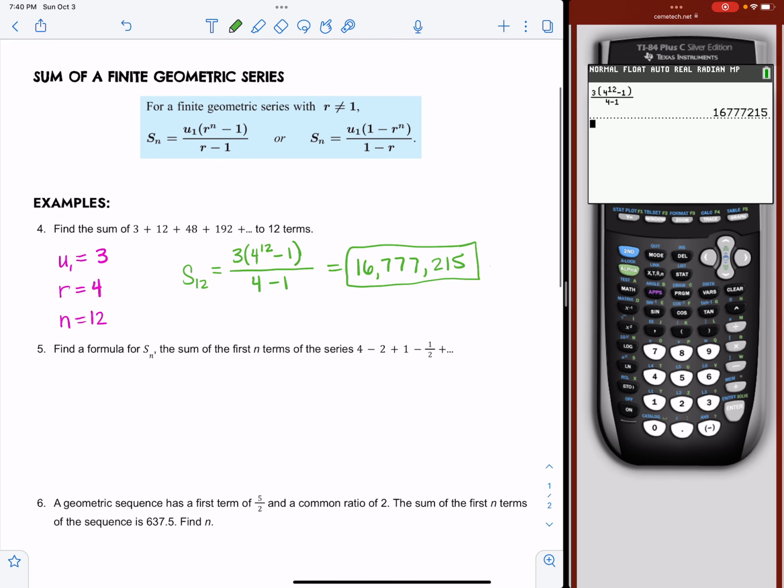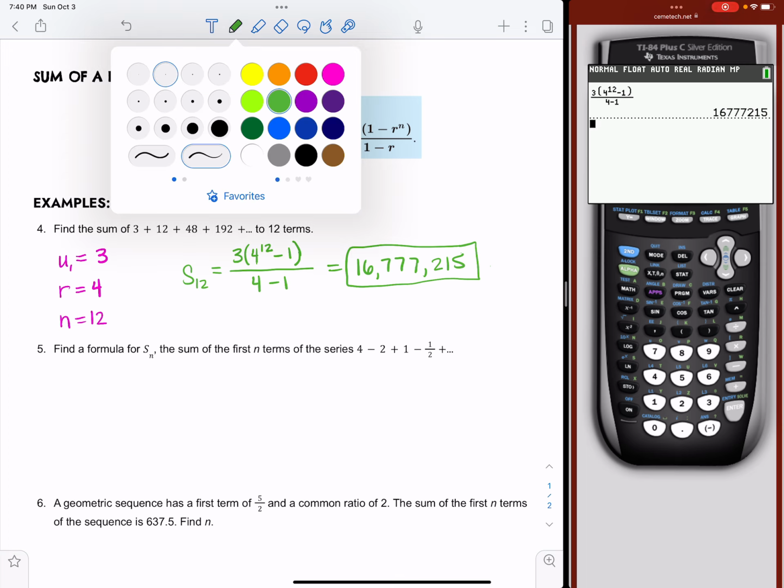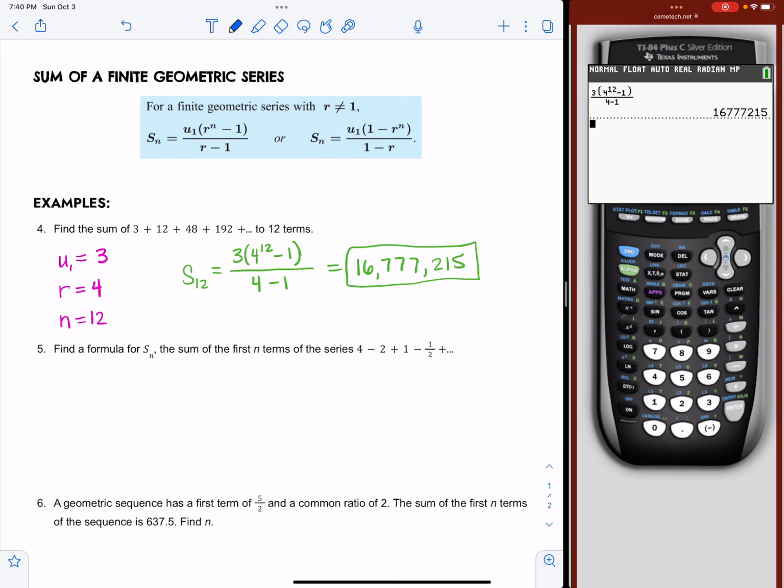Number 5 says to find a formula for S sub n, which is the sum of the first n terms of the series 4 minus 2 plus 1 minus 1/2, and so on and so forth, following the pattern. The first thing we need to do is find our common difference, or excuse me, our common ratio.